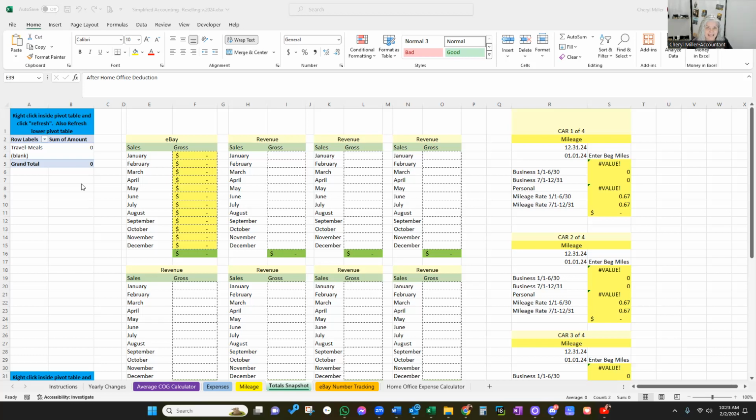It's not each item. So if you go to the store and you buy a pack of pens and that's all that you buy, then on the bottom of that receipt, that total, you put that date, you put supplies, you put where you bought it at, and you put the total amount that you spent.